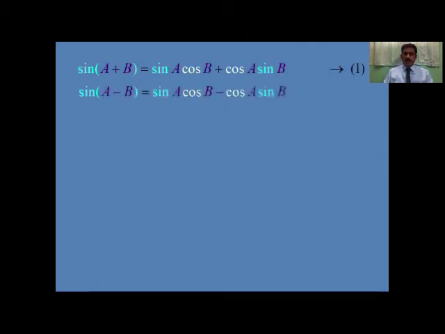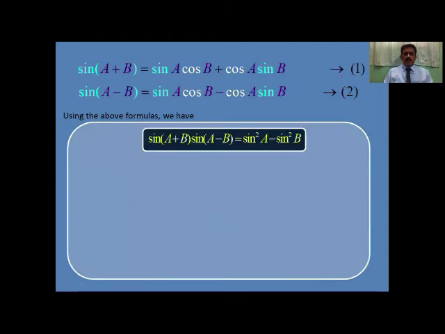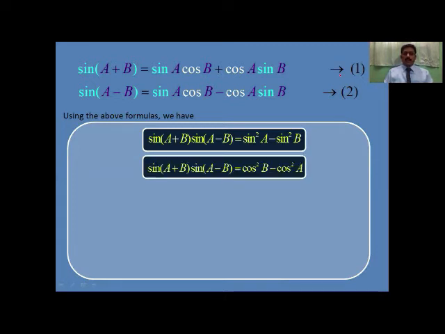We will do a recall now. We have taken the sine of a plus b formula as well as the sine of a minus b formula. Using the above formulas, we have derived sine of a plus b into sine of a minus b equal to sine square a minus sine square b. Sine of a plus b into sine of a minus b equal to cos square b minus cos square a.